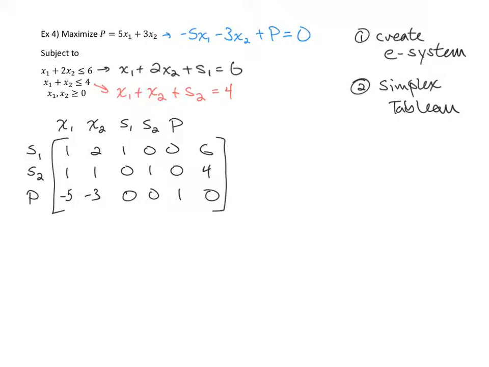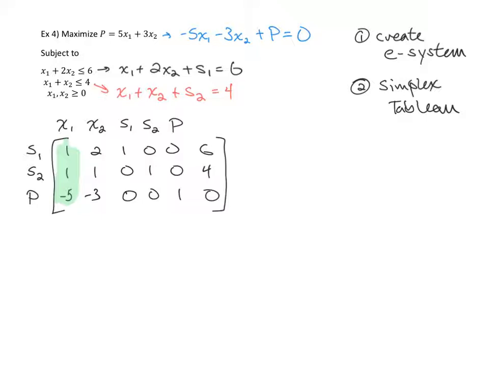The pivot position, again, is based on the most negative number in the bottom row. In this case it's this 5. So that is where the pivot column is. All right, so the pivot column is this whole thing here. Very good.